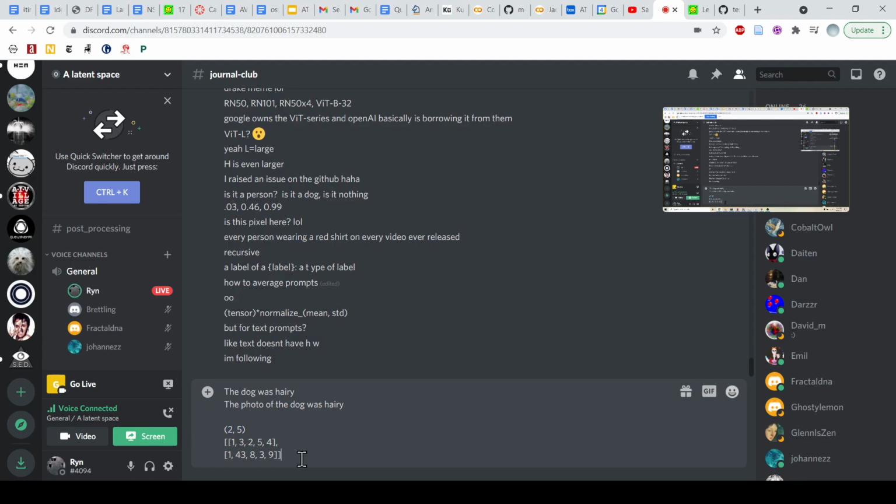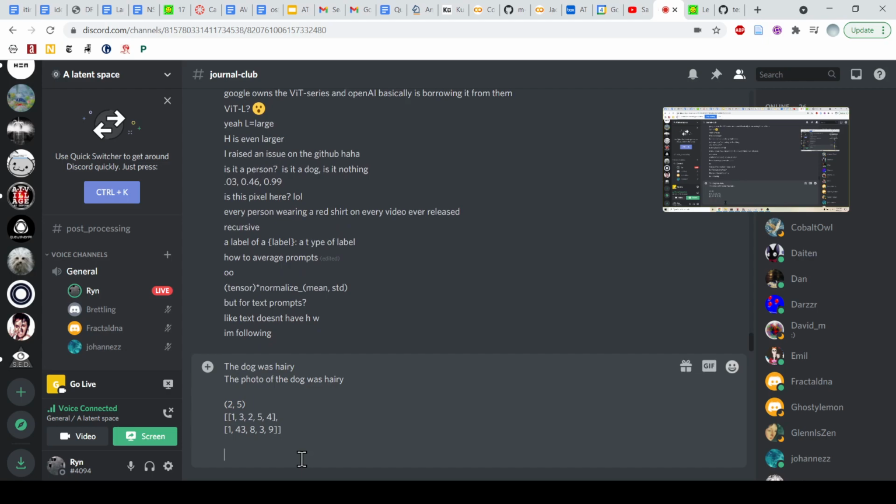So 2, 5, and let's say you want to take the average of the prompts, so you would just say that tensor.mean(0), because this one is the 0th dimension, because Python always starts at 0 instead of 1, and this one is the first dimension.